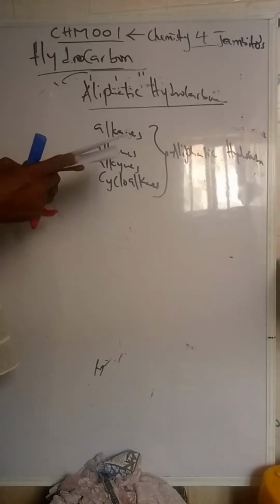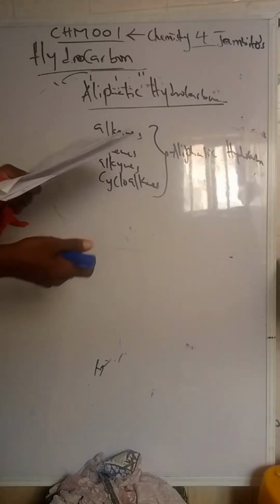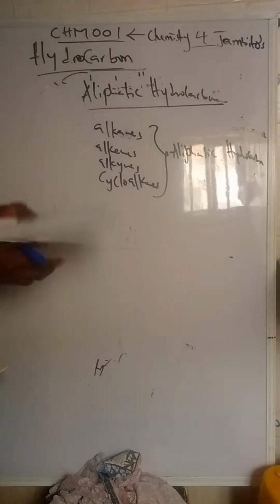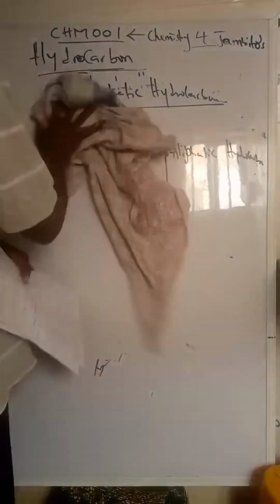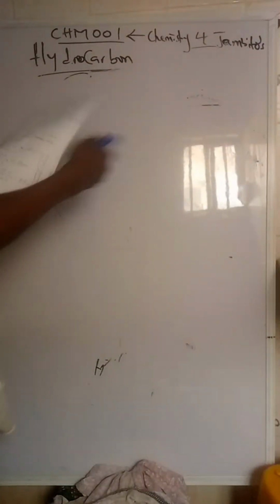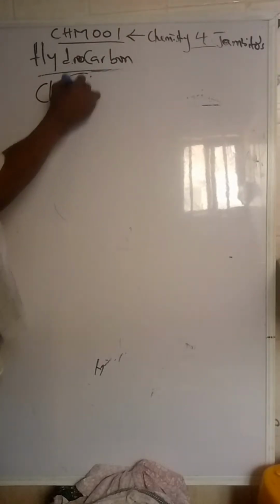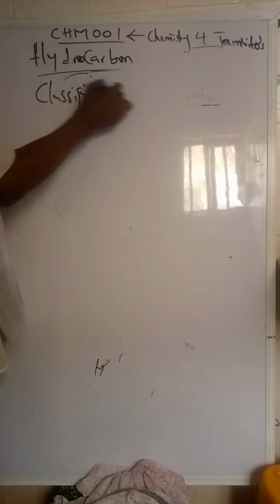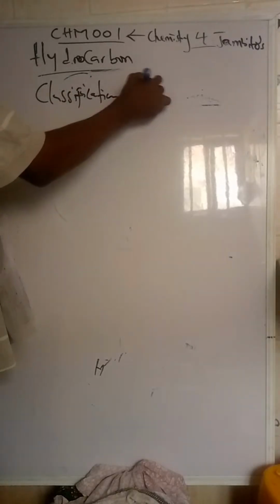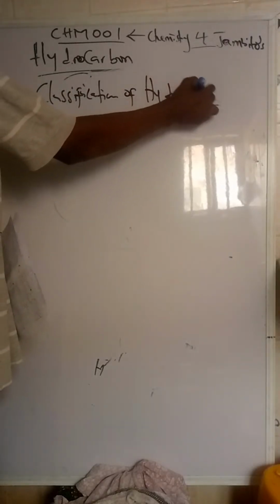So let's move on to the classification of hydrocarbons. Under the classification of hydrocarbon, we have the alkane.